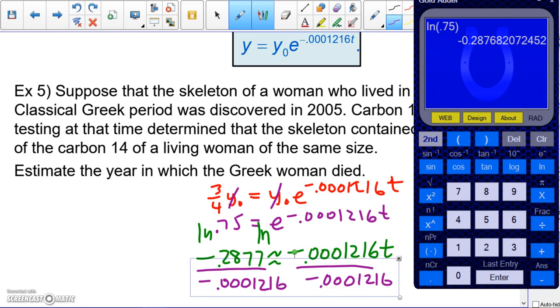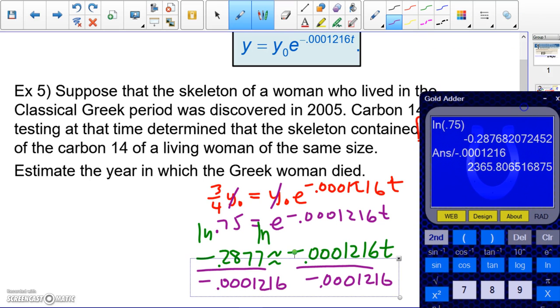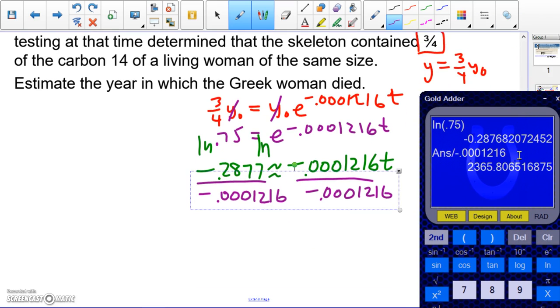So take that answer in your calculator, don't round, and divide by negative 0.00012116, and we get 2365.8. T is approximately 2365.8 years. So that's how old this lady would be.